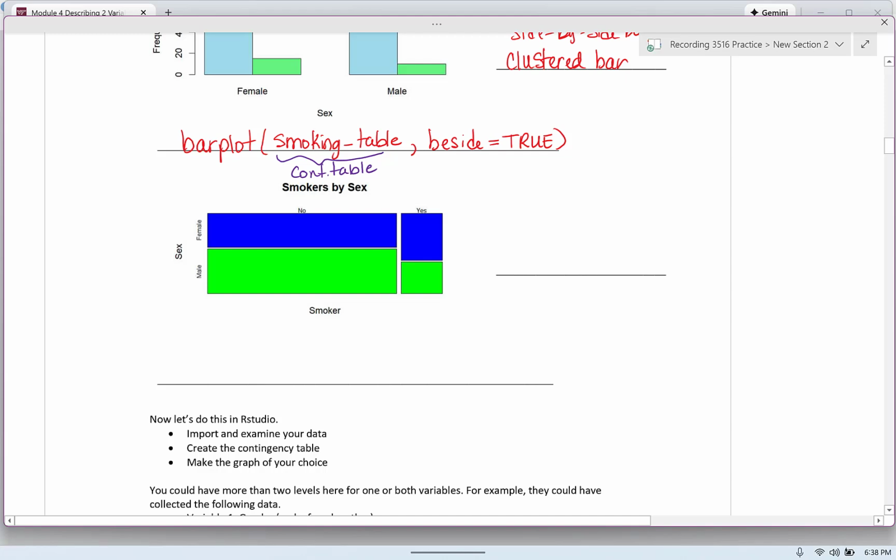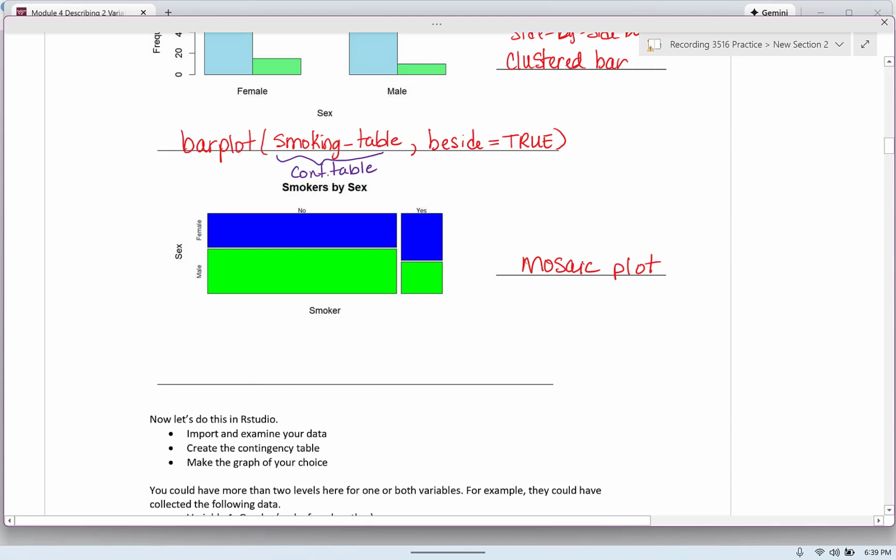And then finally, the last graph that we have is called a mosaic plot. I don't particularly like mosaic plots, but they are heavily used in biological sciences and in the social sciences. So it is something many of you will see. So in a mosaic plot, you rarely have X and Y axes.